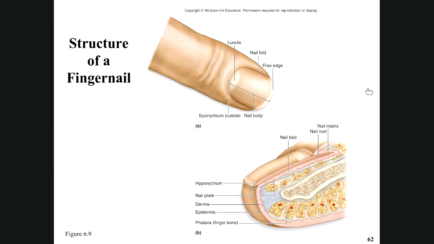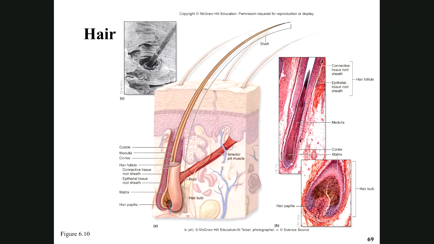The other derivative which we have for our skin is called hair. In this picture, you can see the structure of hair. We can find hair almost in every part of our body.